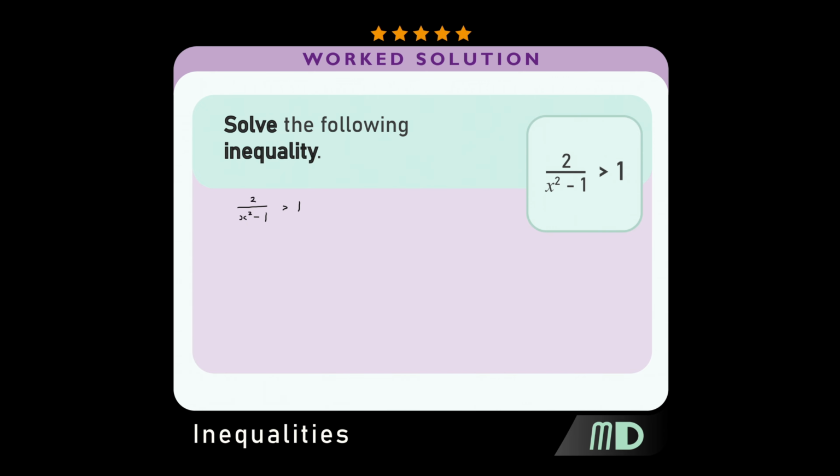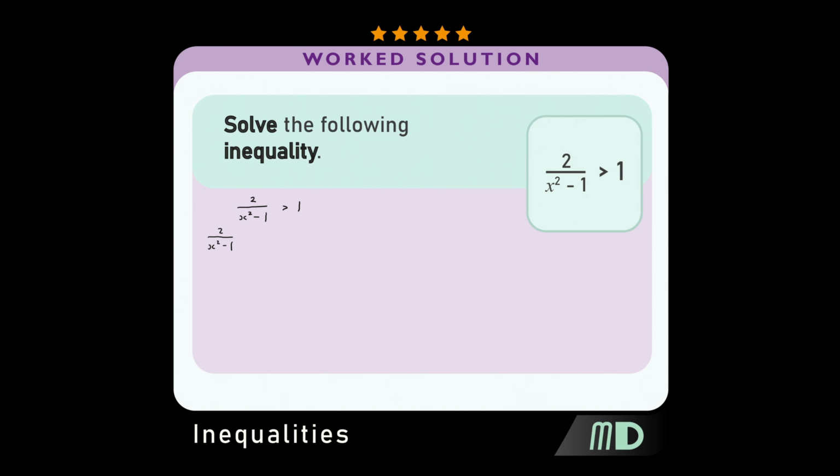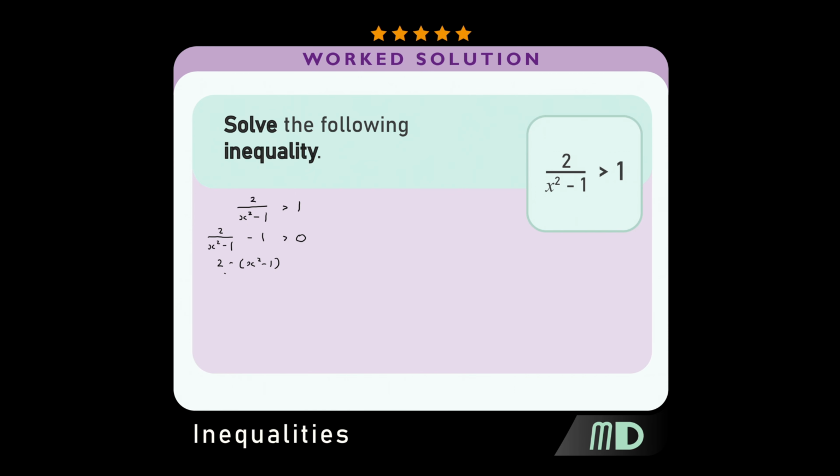To begin, we need to subtract 1 from both sides, giving us 2 divided by x squared minus 1 greater than 0. By replacing 1 as a fraction with a numerator and denominator of x squared minus 1, we can rewrite the left side of the inequality as 2 minus (x squared minus 1) divided by x squared minus 1 greater than 0.